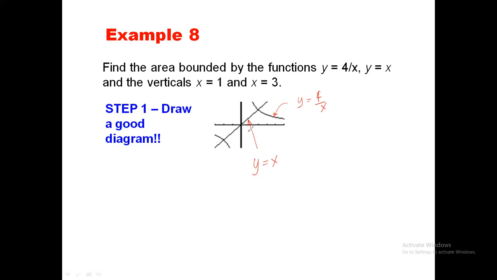So x equal to 1, you have a line here. And 1, 2, 3, 4. This is the other line here, x equal to 4.